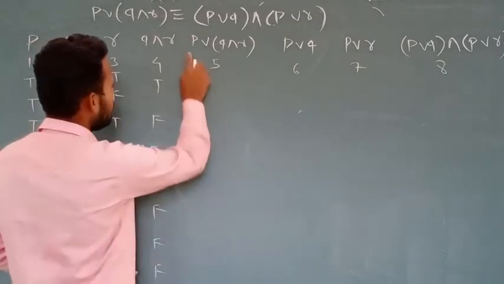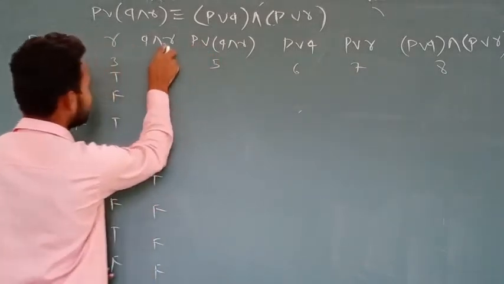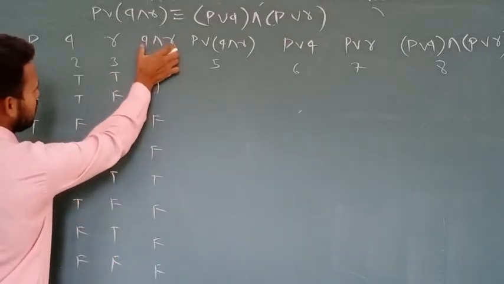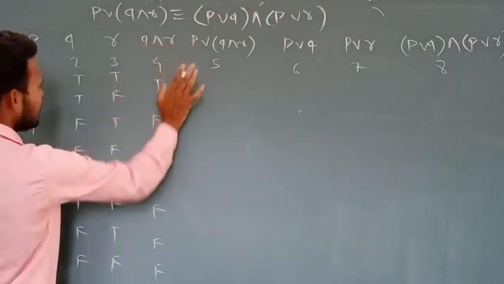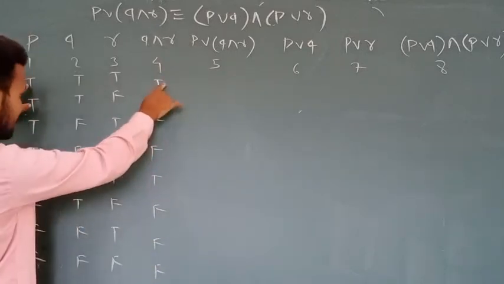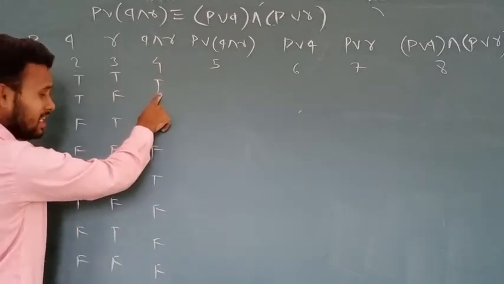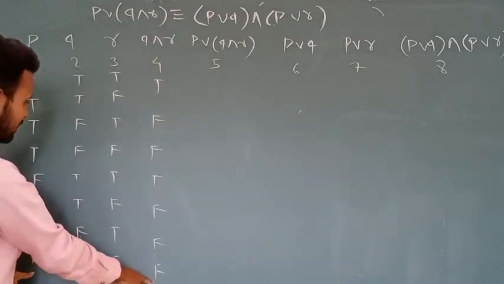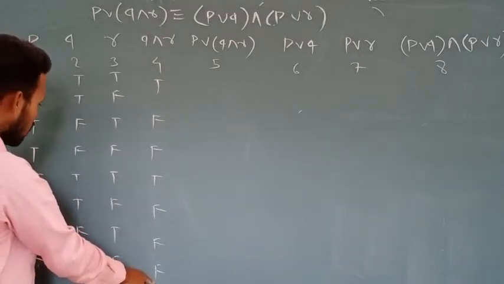Now next one, P disjunction with that set, this Q meet with R, means this P, that P disjunction with this statement. We know that in disjunction, if both the substatements are false, then the disjunction is false, otherwise it is true.